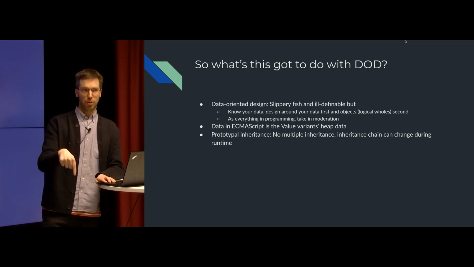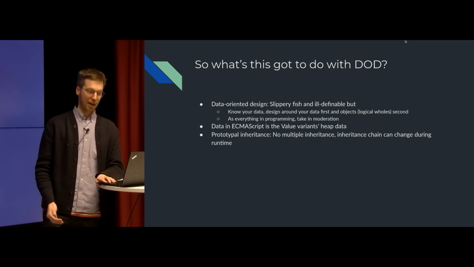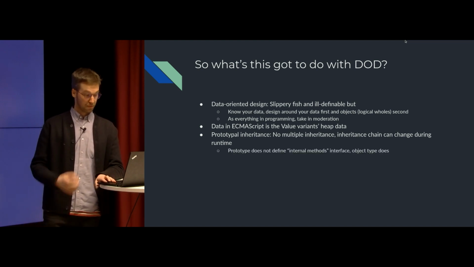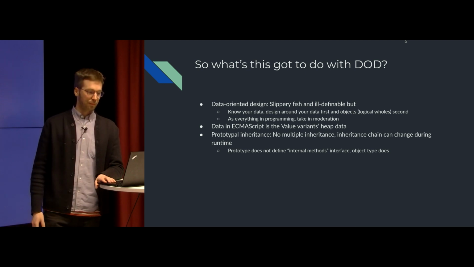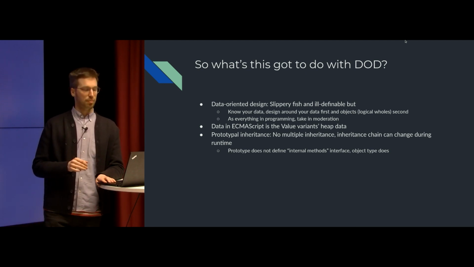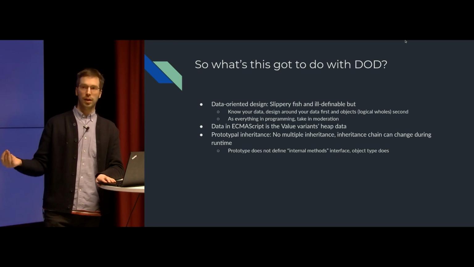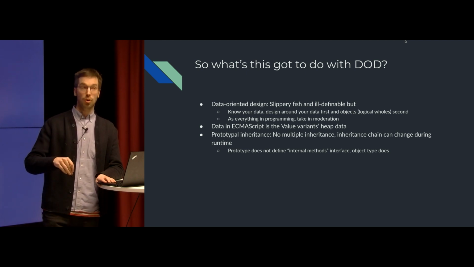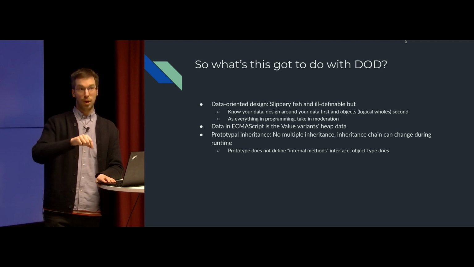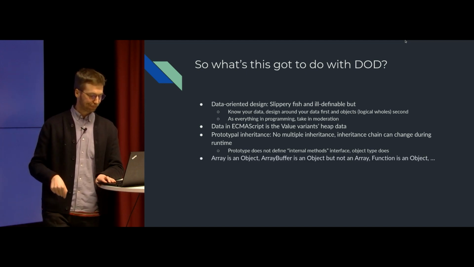So your virtual methods can become some other methods randomly, or you can get more virtual methods suddenly. Interestingly enough, the prototype does not actually define your internal methods. The object type defines your internal methods, and internal methods are things like how do you react when you are assigned into, or what do you return when somebody reads from you.